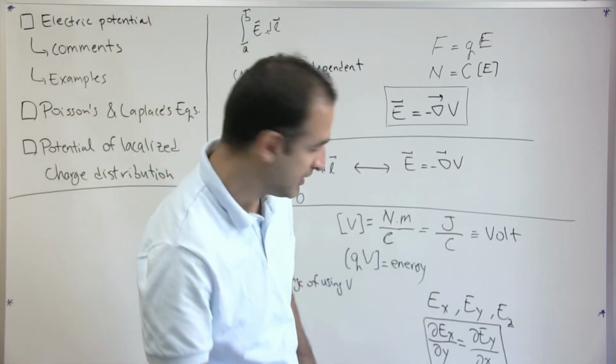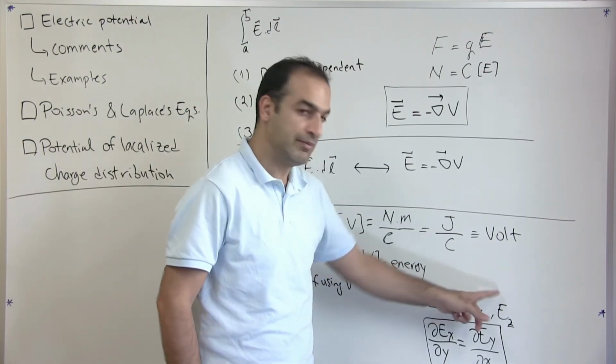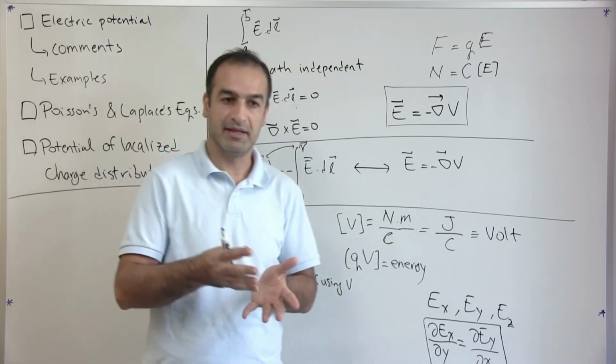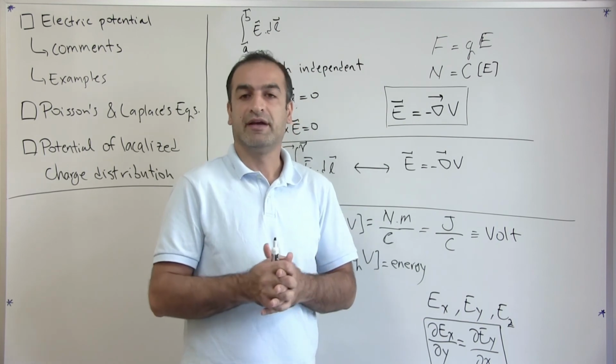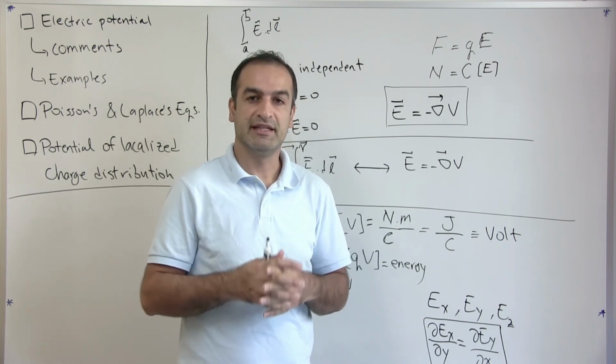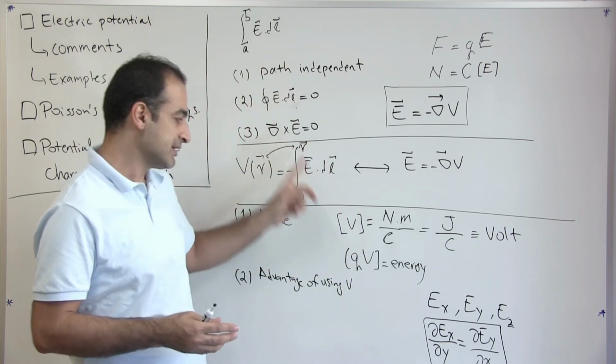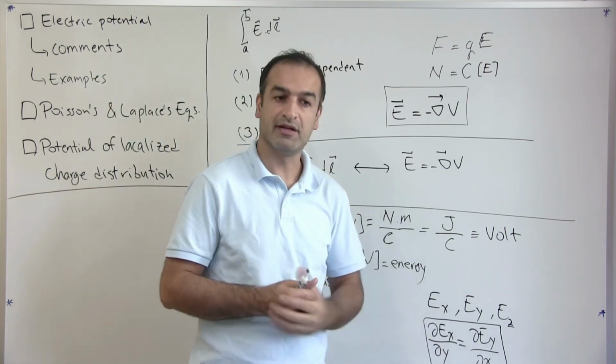So what does it mean? That means all these 3 components are not completely independent of each other. They are dependent. Okay, certain vector functions can never be an electric field because of the curl not being 0 and because these conditions are not satisfied.